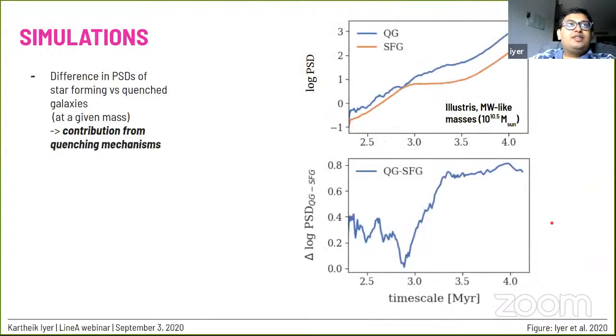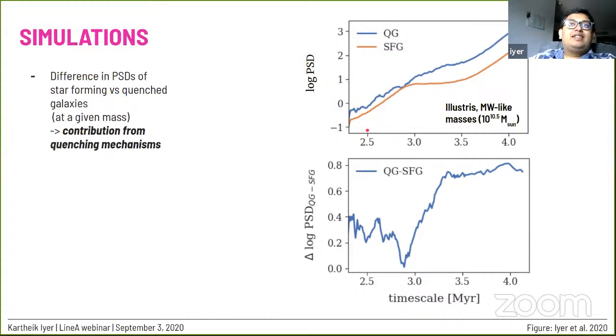Another thing we can do is look at populations of galaxies. What I mean by this is that we can split galaxies in a given stellar mass bin into those that are forming stars and those that are currently quiescent. This split is done using a simple SSFR cut.